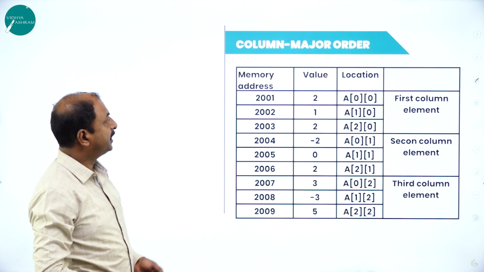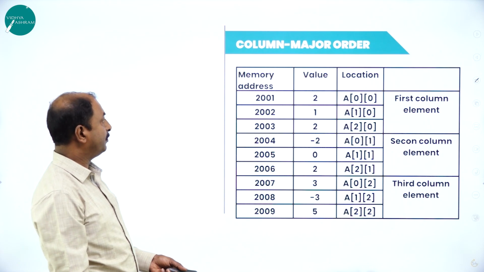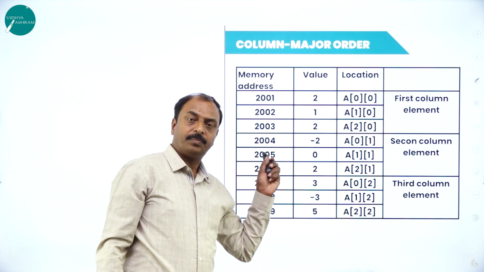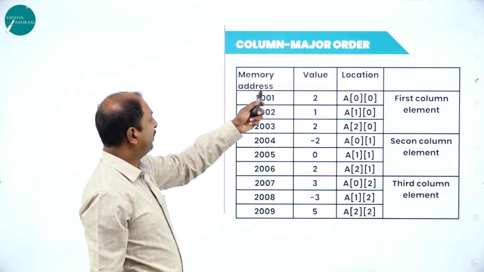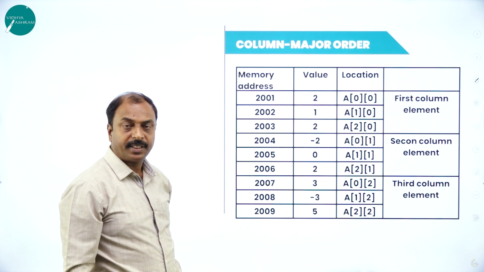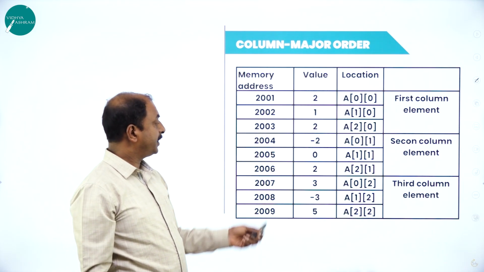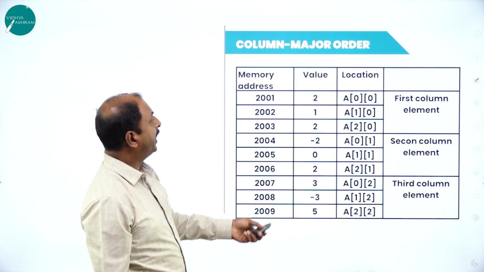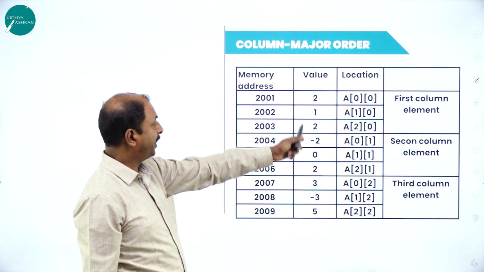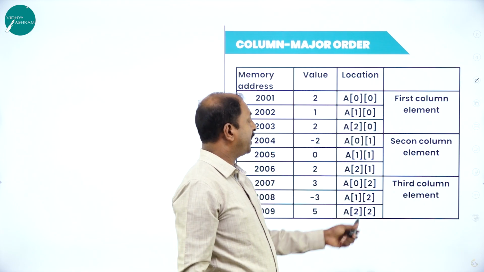Now, consider the example now. In this example, as we have seen in the previous slide, this is the memory address of different data items, and the memory addresses are in continuous numbers, and these are the data elements, data items, and these are the locations.